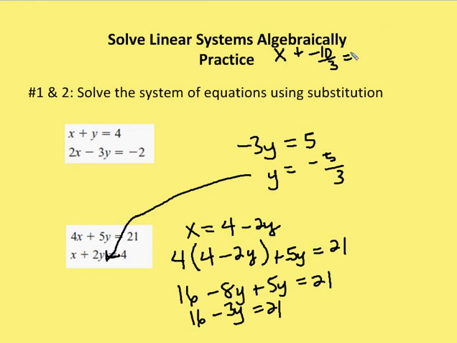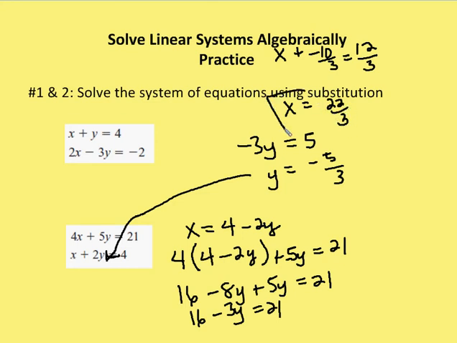So 4 is the same as 12/3, and now I add 10/3 to both sides, and I end up with x is equal to 12/3 plus 10/3, or 22/3.